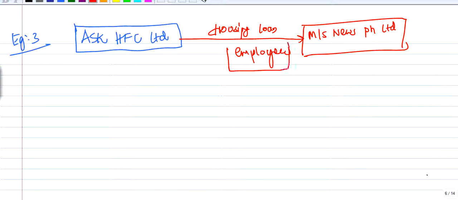So they are giving loans to the employees. Loans are given here, but they want guarantees from the company.